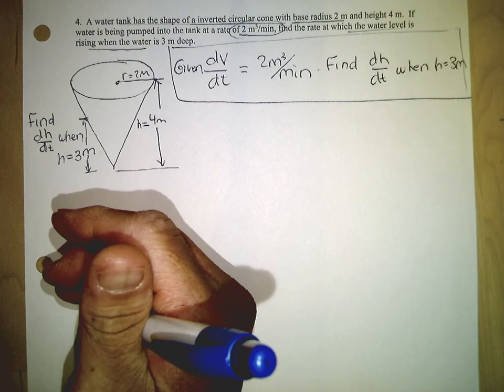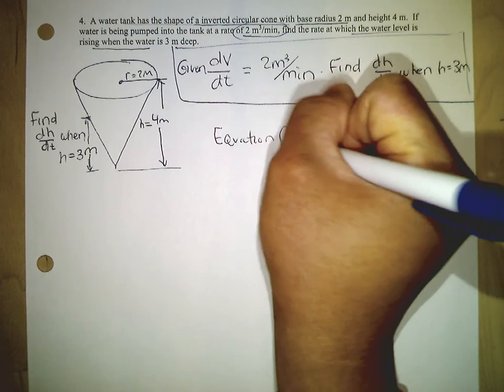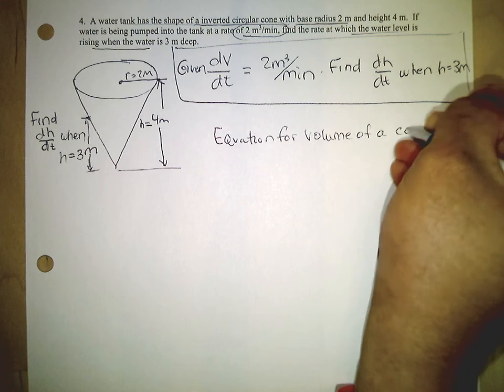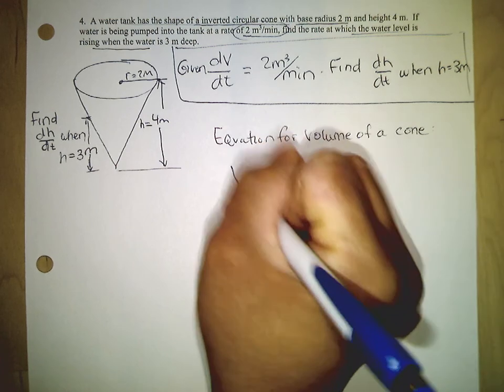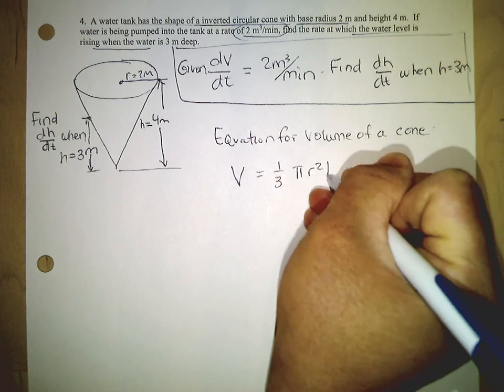But we do need to find the equation for the volume of a cone now. So the equation for the volume of a cone is: volume is 1/3 pi r squared h.